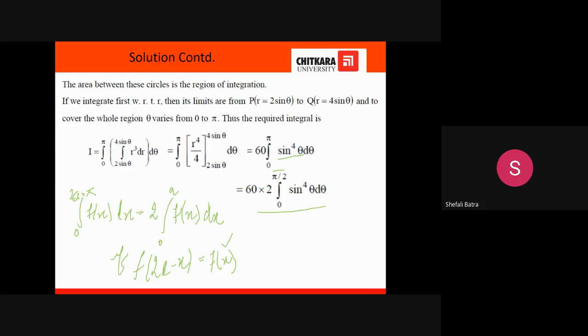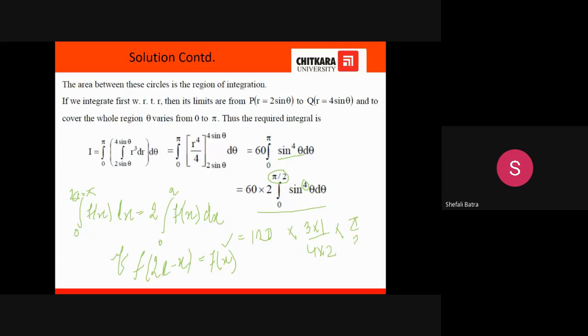Now if you have the limit as 0 to pi by 2 and n is greater than 1, then you can apply the reduction formula. So you'll be writing 120 here. Why am I applying this property? Just to make this limit 0 to pi by 2 so that I can apply the reduction formula. So 120 into 3 into 1 divided by 4 into 2 into pi by 2.